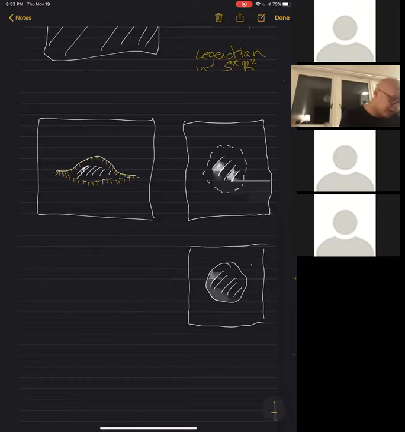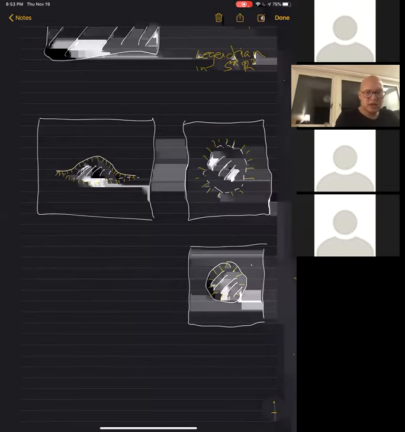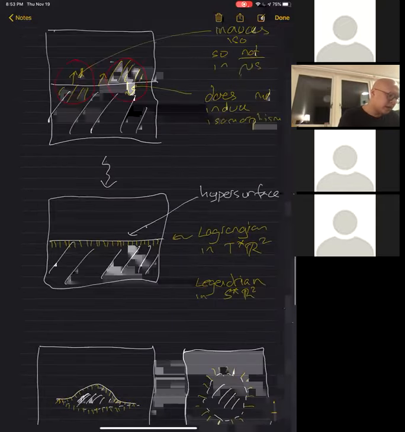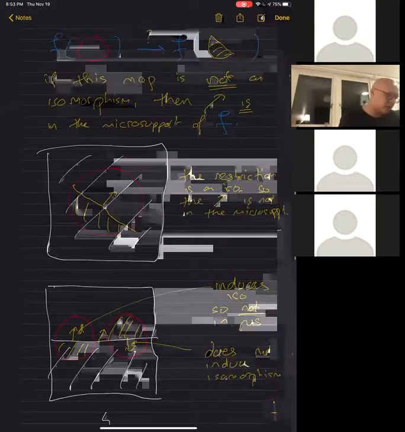And if you were to do the calculation, you would discover that this one has outward covectors, and this one has inward covectors. So basically, when it includes the boundary, it has inward covectors, and when it does not include the boundary, it has outward covectors. So that was my crash course in this notion of microsupport.